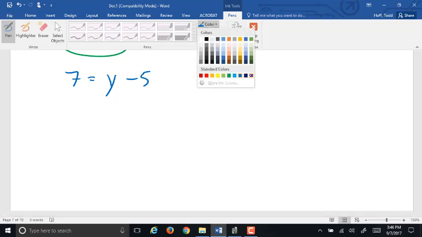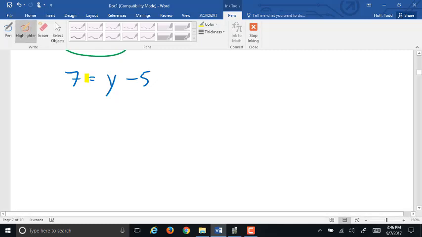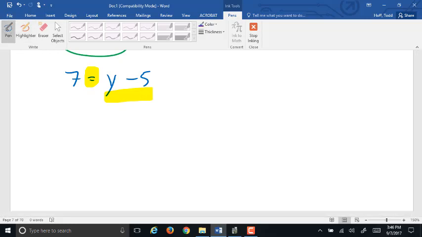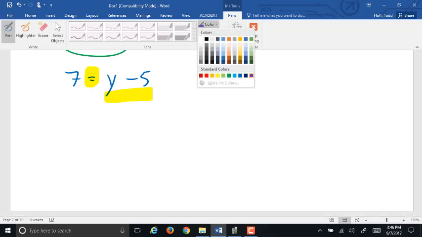To figure out how this was built, we find the equal sign right there. We identify which side of the equal sign has our variable on it. That's the y minus 5. And then we ask ourselves, what is keeping the variable from being alone on that side of the equation?